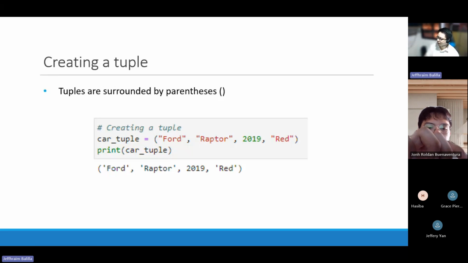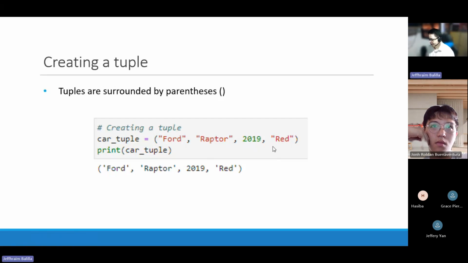So here we are creating a tuple. We have again different data types here. We have strings: cars or trucks, this is a brand. This is I think a type of vehicle. Raptor is like a truck, and then the color. Then the year model is 2019.